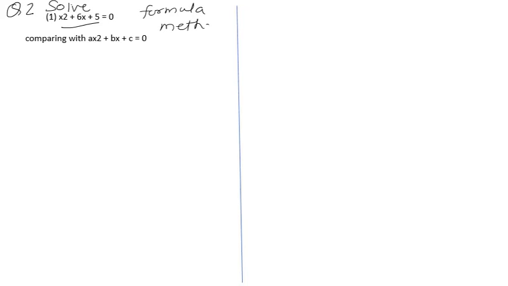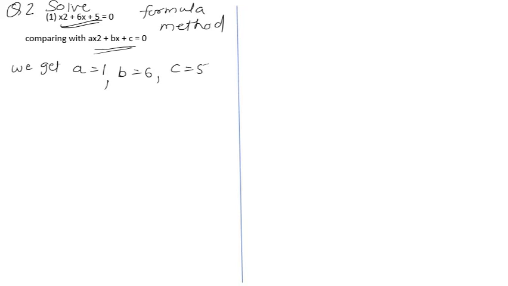Now see, what is our first step? First we have to compare this given equation with the standard form. After comparing, we get a equal to 1, b equal to 6, and c equal to 5.